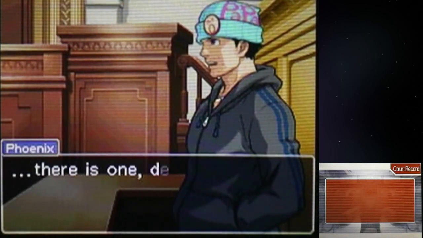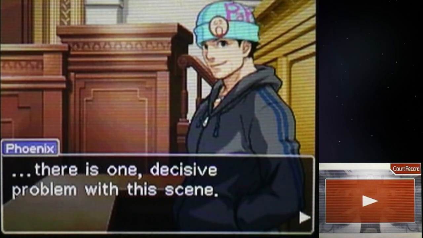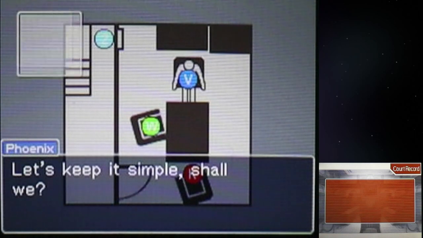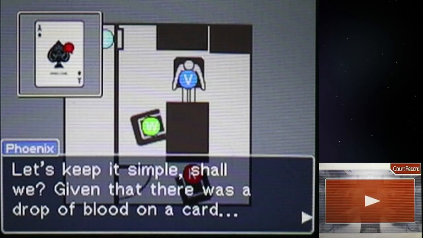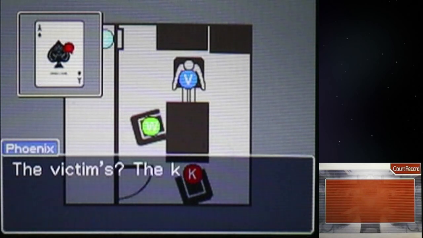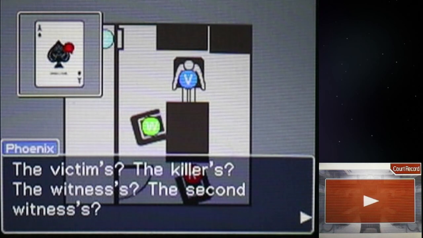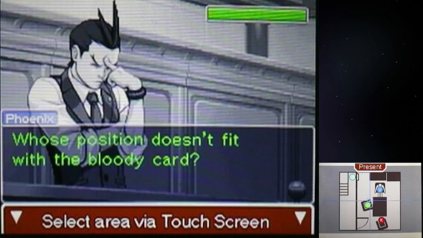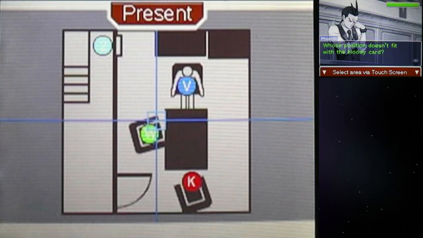Given this, there is one decisive problem with this scene. Well, what is it? Let's keep it simple, shall we? Given that there was a drop of blood on a card, whose position in this diagram doesn't fit? The victim's, the killer's, the witness's? The second witness's? Whose position doesn't fit with the bloody card? What do you mean?